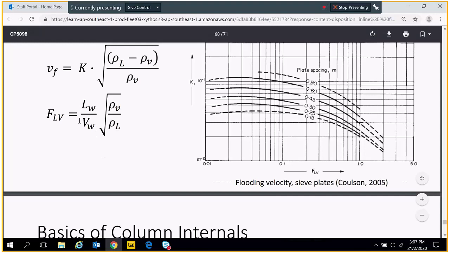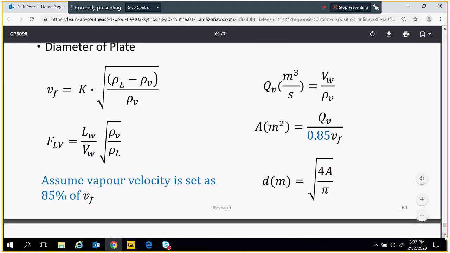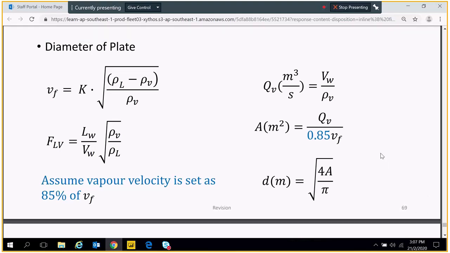If you don't have sufficient diameter, your vapor velocity will be very high. And when you have very high vapor velocity, there's a greater tendency for flooding. Therefore, this makes sense.